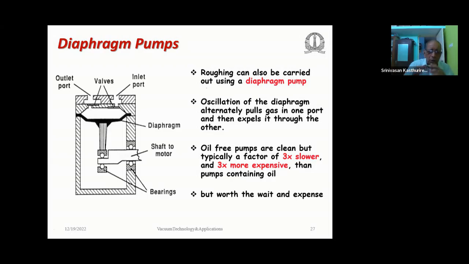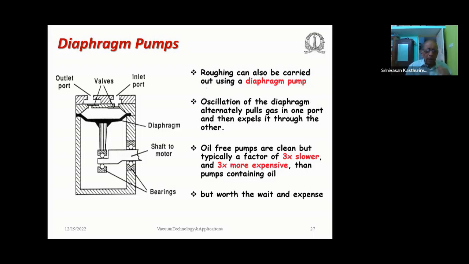This oscillation of the diaphragm alternately pulls the gas from one port and expels it to the other port. Normally these pumps are quite clean. The diaphragm material can be rubber, or any suitable material which can withstand a lot of fatigue.